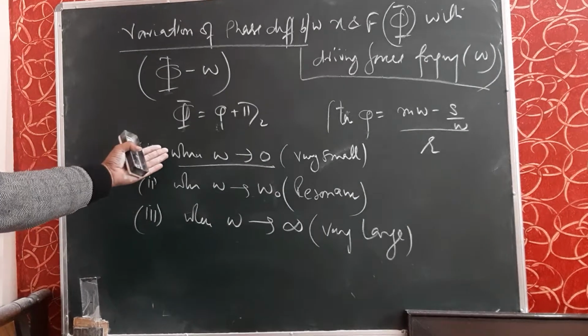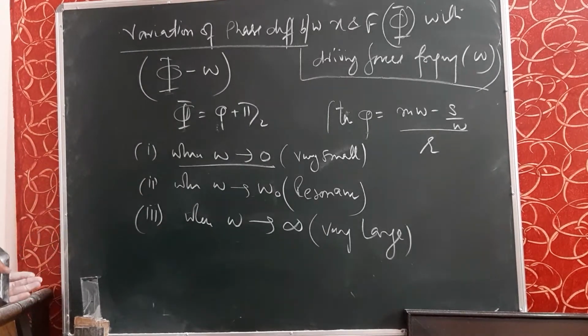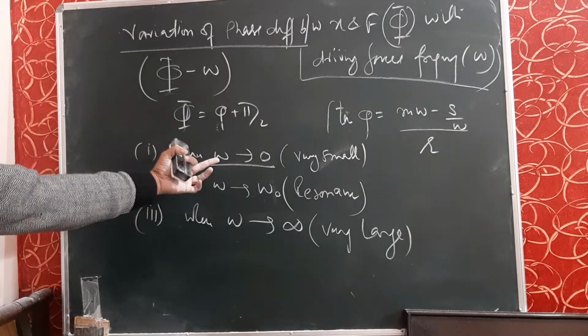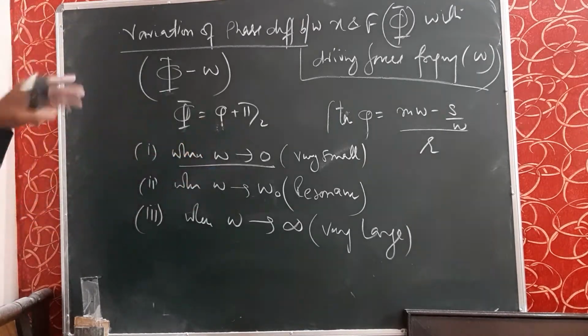So, we will find these three cases for omega and the corresponding value of small phi, then the value of capital Phi.